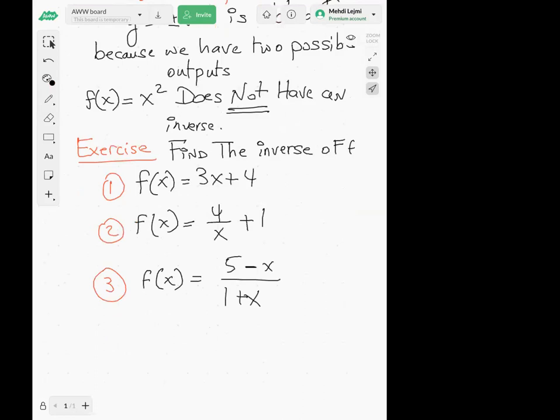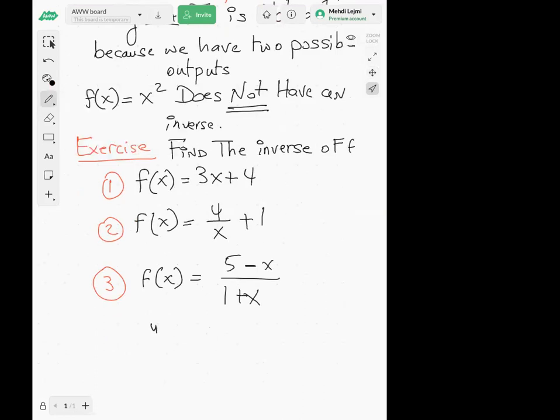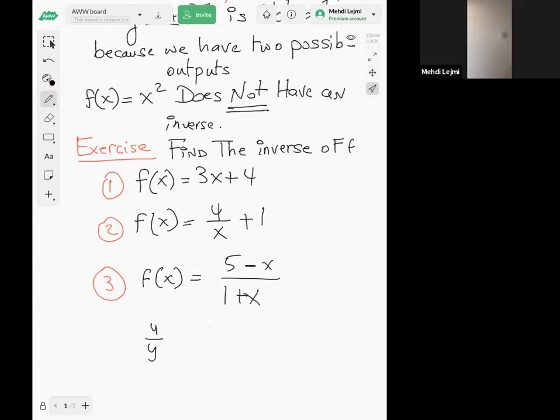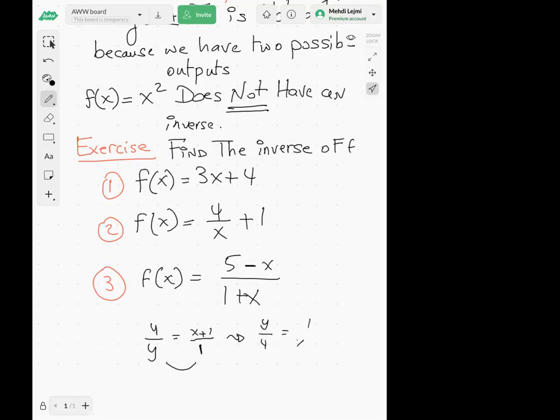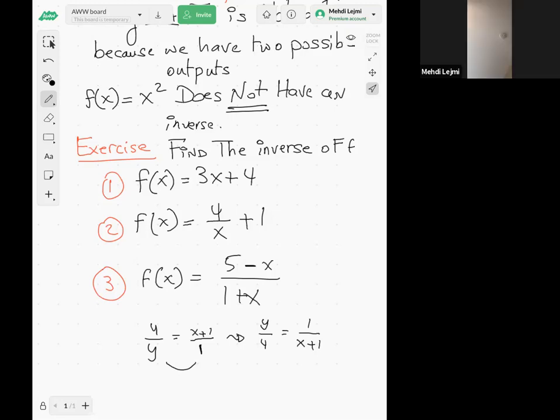So you have 4 over y, and then x plus 1. You make this x plus 1 a fraction by dividing by 1, and then you flip both fractions. It's going to be y over 4 and 1 over x plus 1. If you flip both fractions, it's still equal.